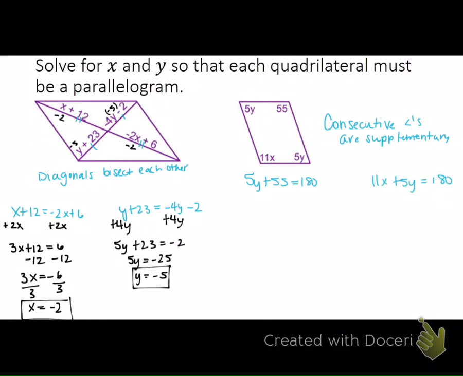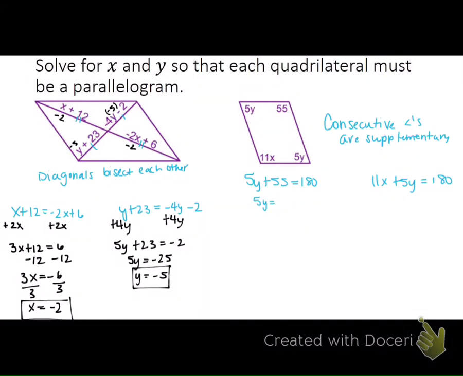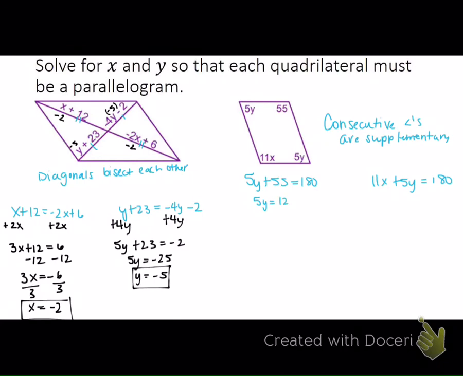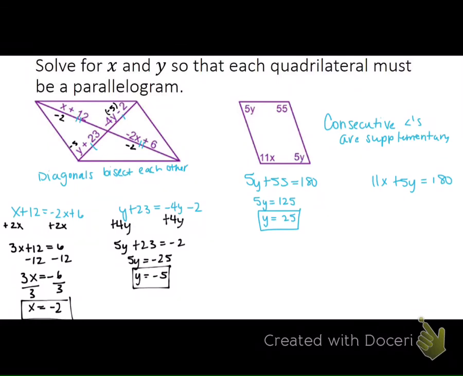So I have to solve the first one first. So 5y is 125. So y equals 25. How can I find the other one? It has 2 variables. We know that y is 25.